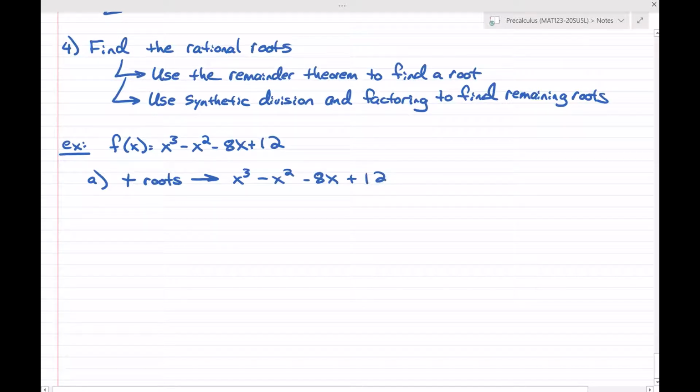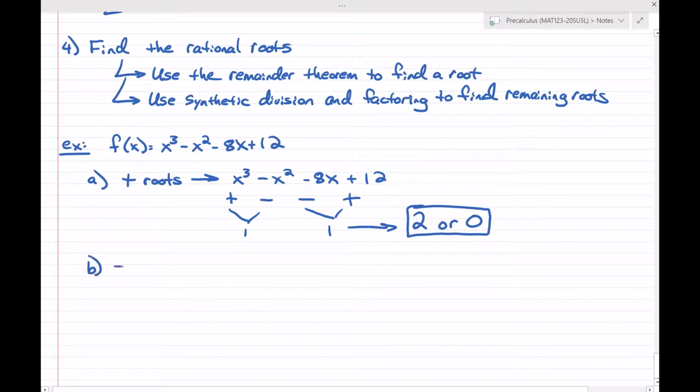What are the sign changes? X to the third is positive, negative x squared is negative, negative 8x, and then positive 12. So how many times does the sign change from left to right? Well, it changes from positive to negative right there. Negative to negative isn't a change. Negative to positive is 1 change. So it looks like there's 2 total changes. And remember, we subtract 2 until we get to 0. So the number of positive roots is 2 or 0.